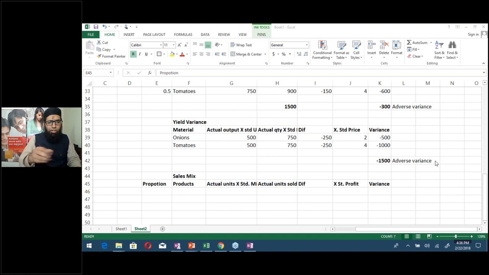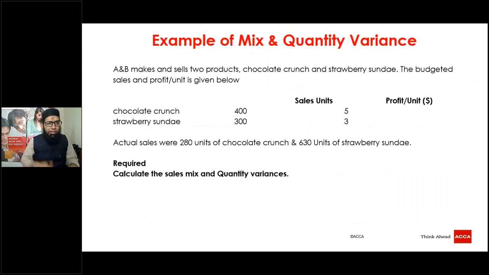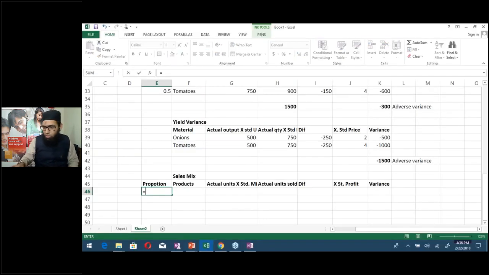First of all, remember that this time we will be making the proportion based on the budgeted data. In the budgeted data, it is 400 and 300, so the total will be 700. That means the chocolate crunch will be 400 by 700.